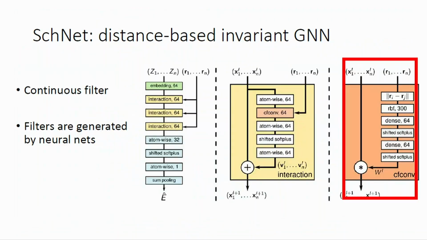However, if you look at the layers in the invariant GNNs, from right to left, the middle is the architecture of the interaction layer, the layer where you compute the message and pass the message. And the right hand side is how you compute the message from the geometric features, right? X here are the scalar features. Sorry about the change of notation, but X here are the scalar features, and R here are the vector features, or sorry, the coordinate features.